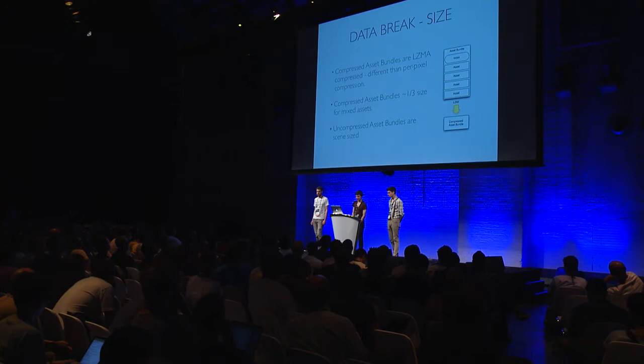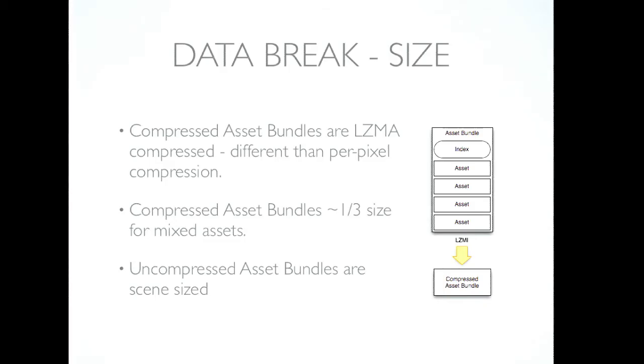So before we get into creative uses, I've got a little bit of information here about compressed and uncompressed asset bundles, their size and their performance. As I'm sure people are aware, compressed asset bundles are LZMA compressed, and it's compression over the entire binary blob of the assets plus the index. It's worth noting that this is different from per pixel compression. Your choice of formats for your textures has a constant sort of compression effect on the final result of the texture.